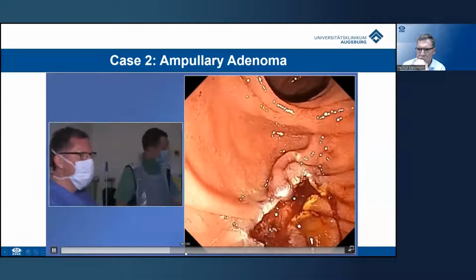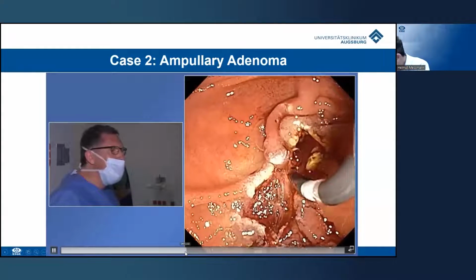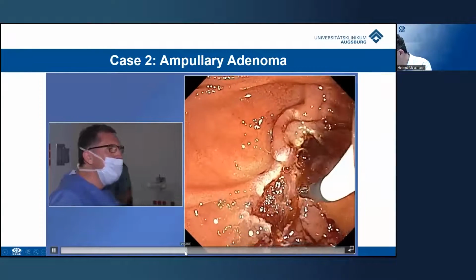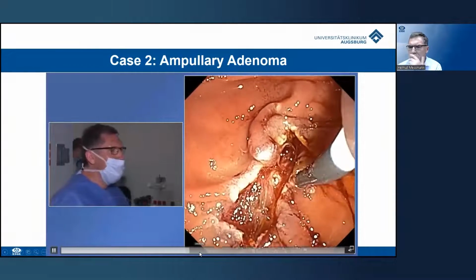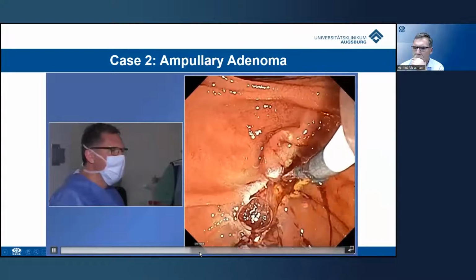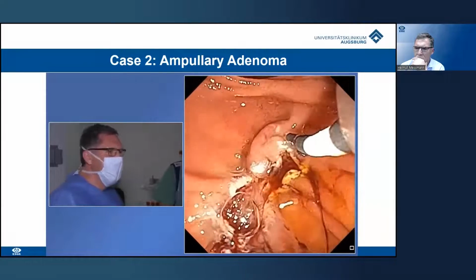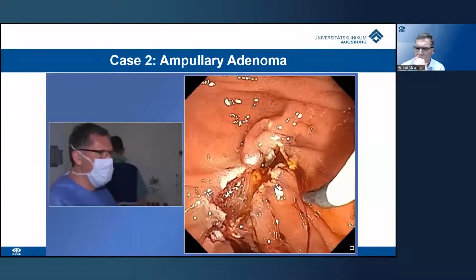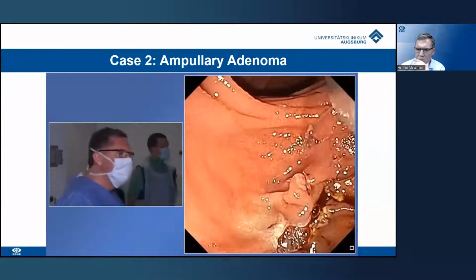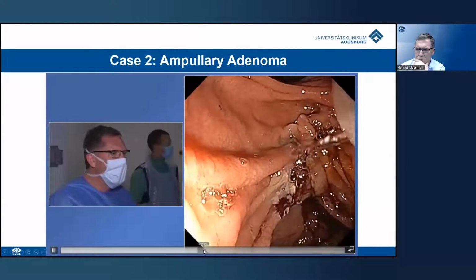So now we will clean again, which we can resect with a smaller snare. So my next step would be to resect here and then place a stent in the pancreatic duct. Very stiff, open.